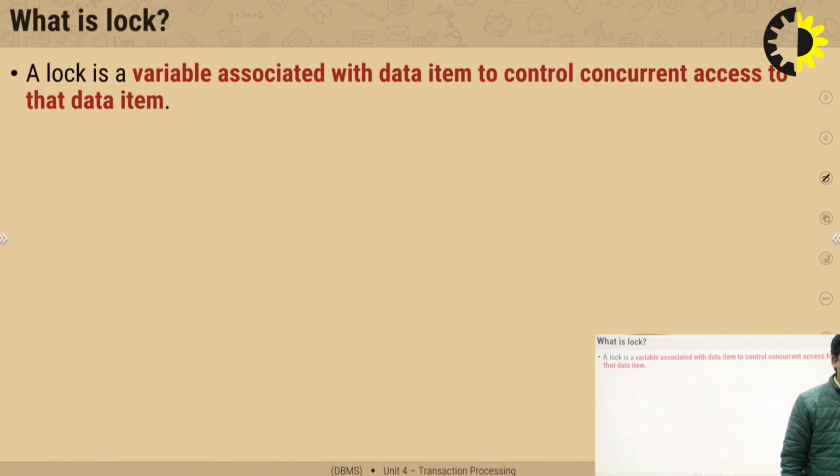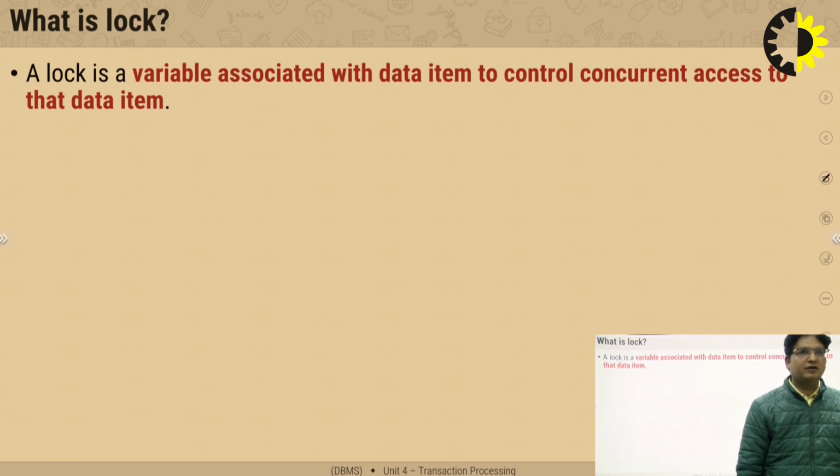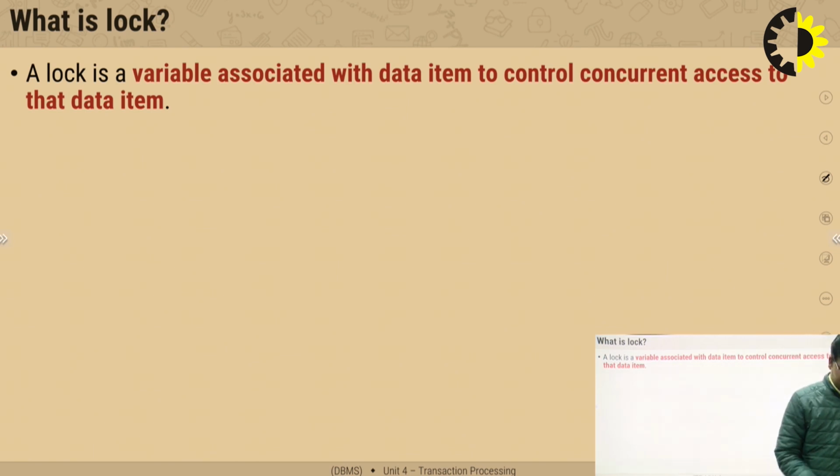Here the concept of lock is associated with a data item to control access to that particular data item. So whosoever applies the lock can only access the data item. Other transactions that are running parallelly are not able to access the data item, so that the clash does not occur, the instructions do not conflict with each other.